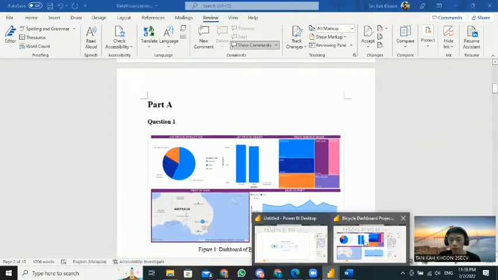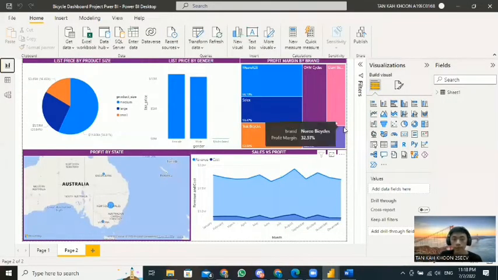Right, so to show the Power BI dashboard. This will be the dashboard that I created using the bicycle dataset.